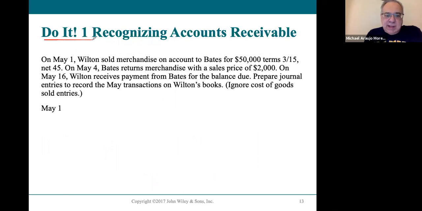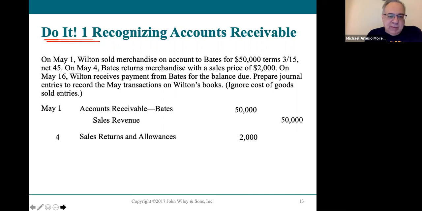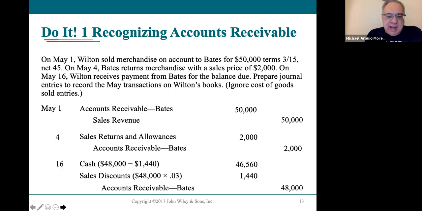So that's the Do It exercise. This learning objective one, Do It exercise one is basically a review of those receivables. Here we have Wilton sold merchandise on account to Bates. So on May the 1st, you have an accounts receivable debit and a credit to revenue. There's a return of merchandise on the 4th. So sales returns and allowances is debited, but look, the receivable is credited, so it's changed.